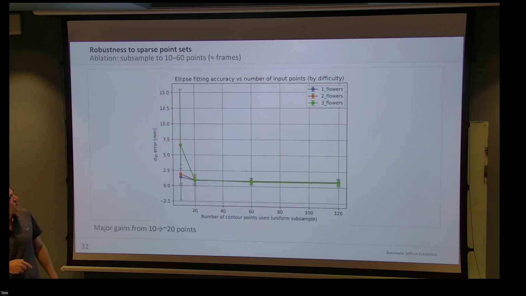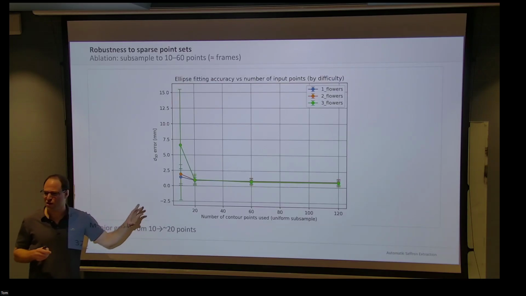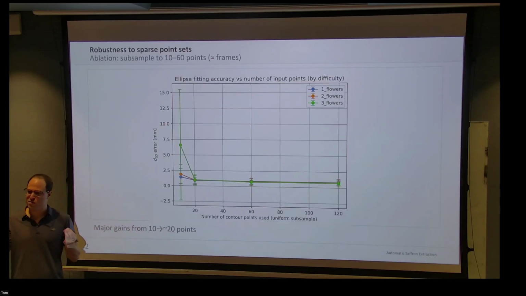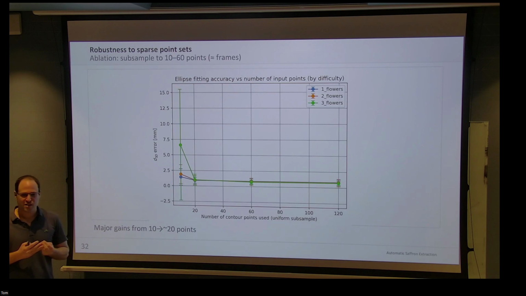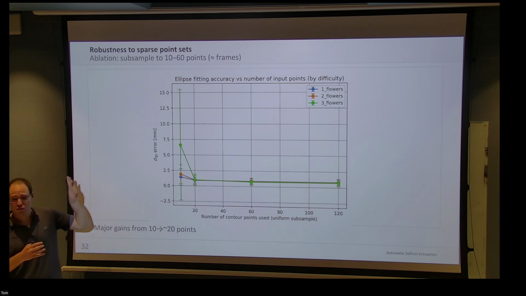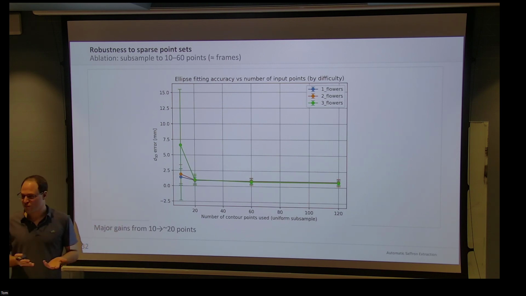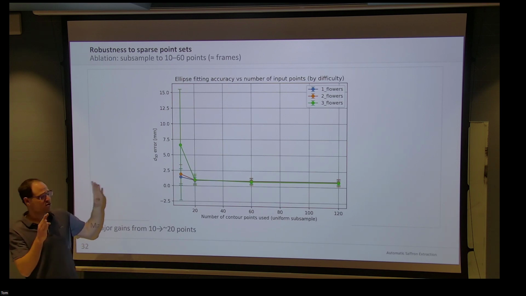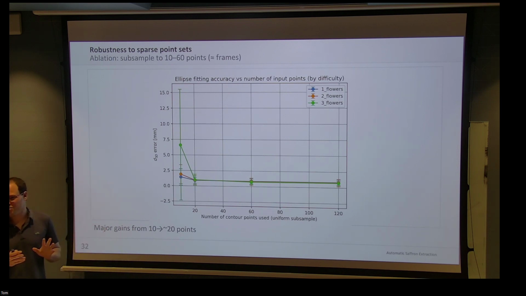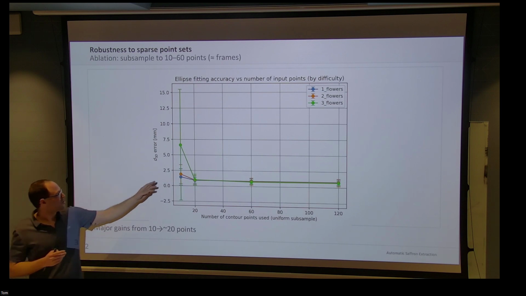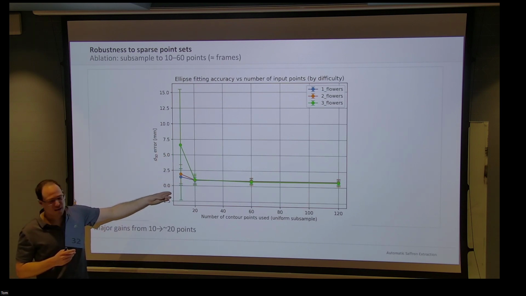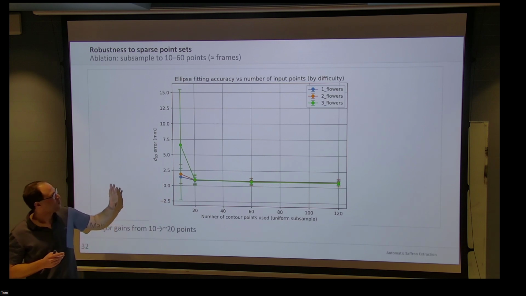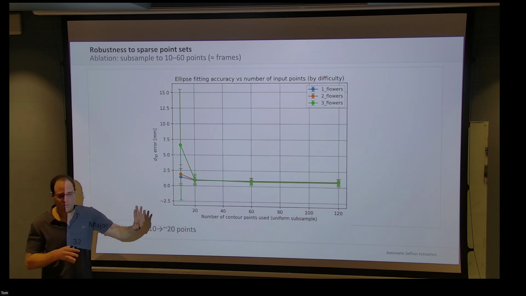Here, we want to understand how many frames we need to get accurate enough results, because 1 or 2 frames may not be enough. That's why the stereo camera at the beginning of the project failed, because stereo also gets occlusions and those things. We took 120 frames.